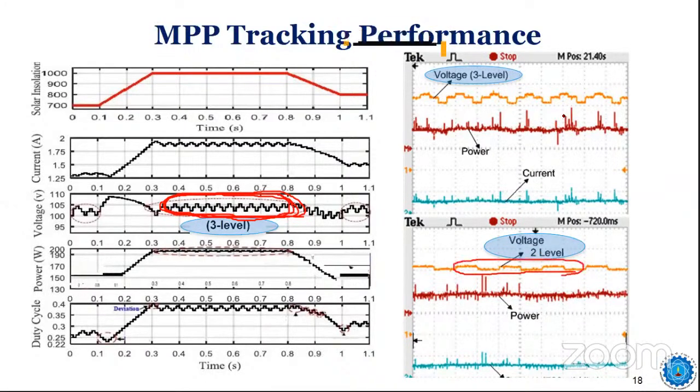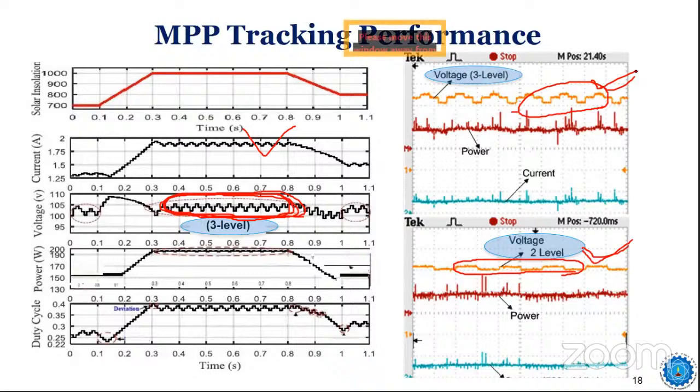It is moving in 2 points, sometimes called 2 point type, and sometimes this is called 3 point type, which is shown here in simulation also. These are the simulation results. This is the experimental result. You can see 3 point type tracking. 3 point or 3 level type tracking is in the conventional tracking process, whereas this voltage sensor based tracking with duty cycle movement is called 2 level tracking.